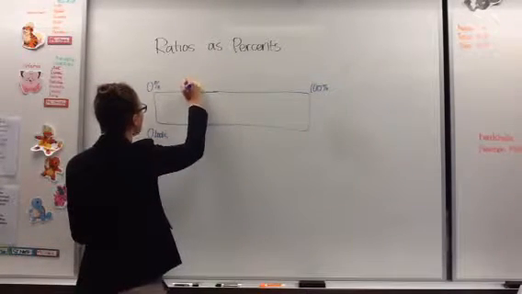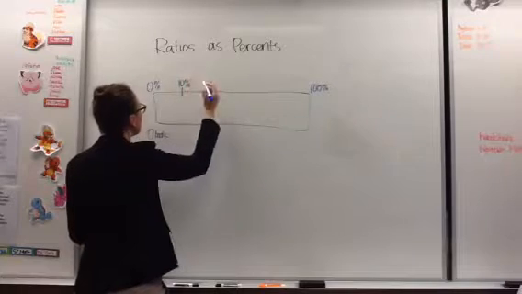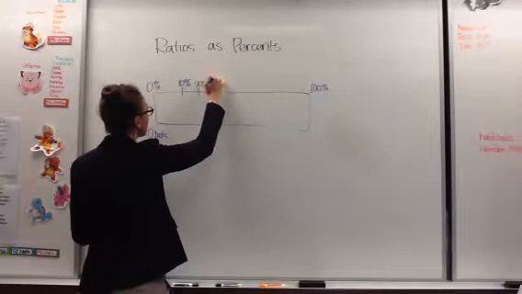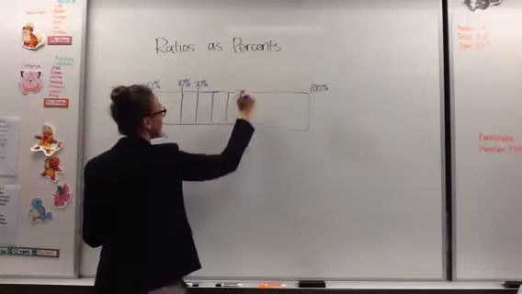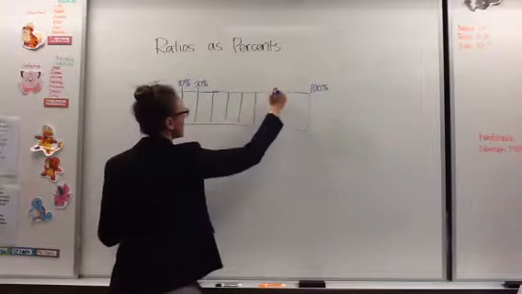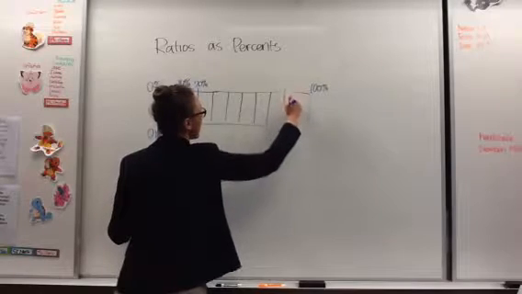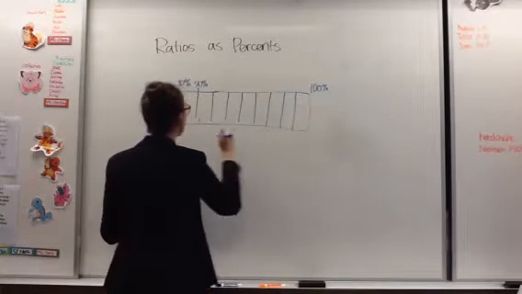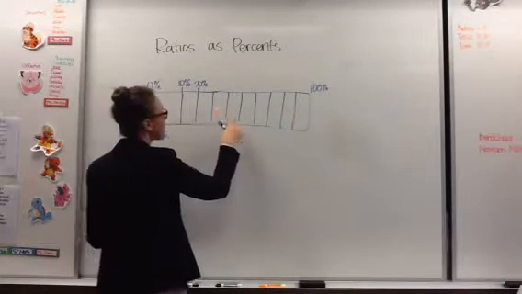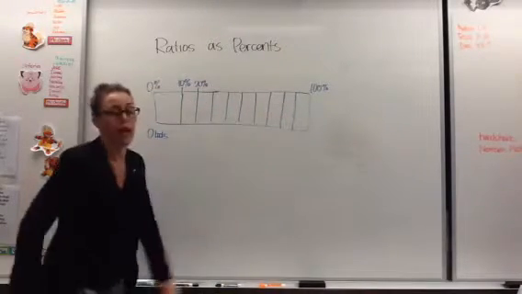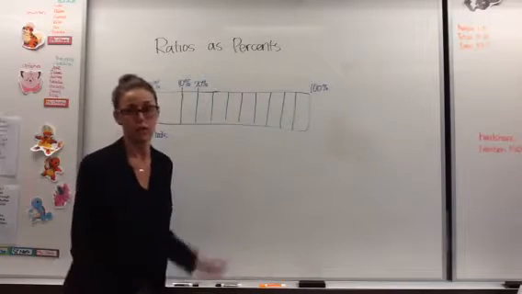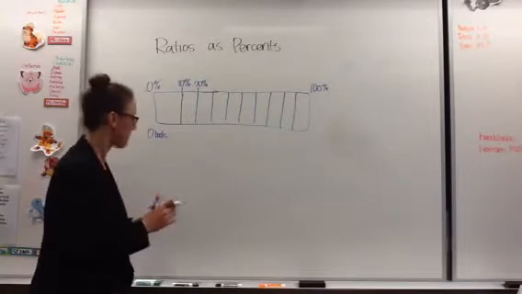So I have 10% here, and then I can go 20%. So 10, 20, 30, 40, 50, 60, 70, 80, 90, 100. Because I know that 0 to 100 by 10%.